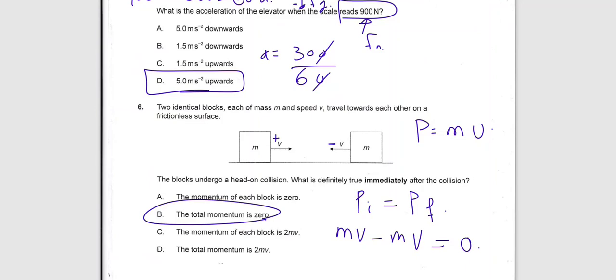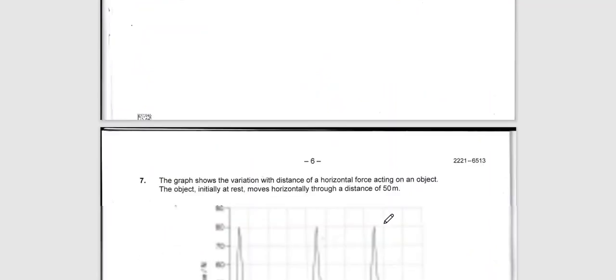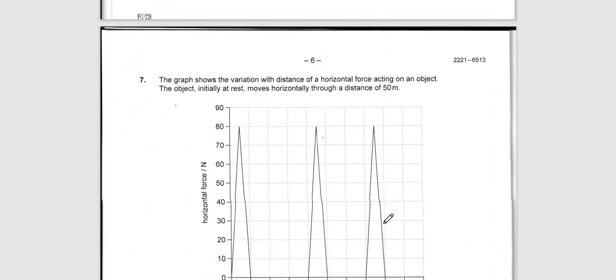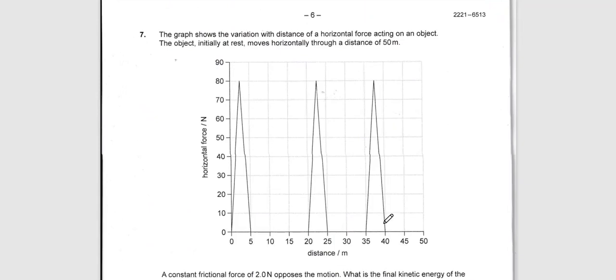Okay. The last question we're going to solve related to mechanics is question number 7. We have a graph showing the variation with distance of a horizontal force acting on an object initially at rest, which moves horizontally through a distance of 50 meters.